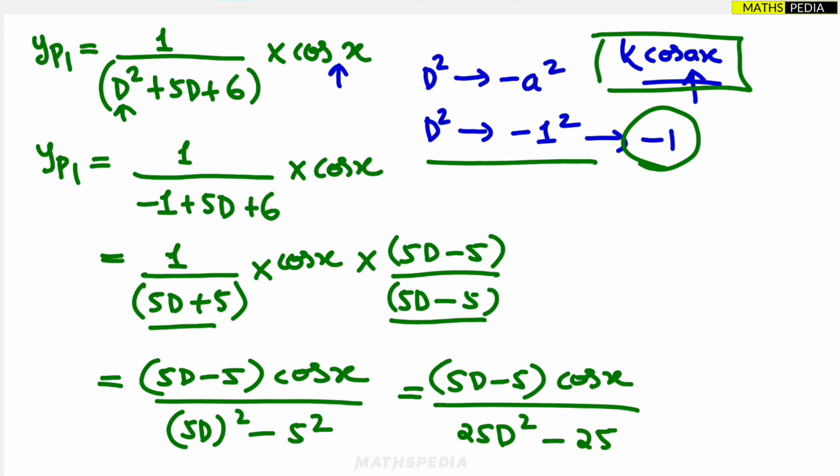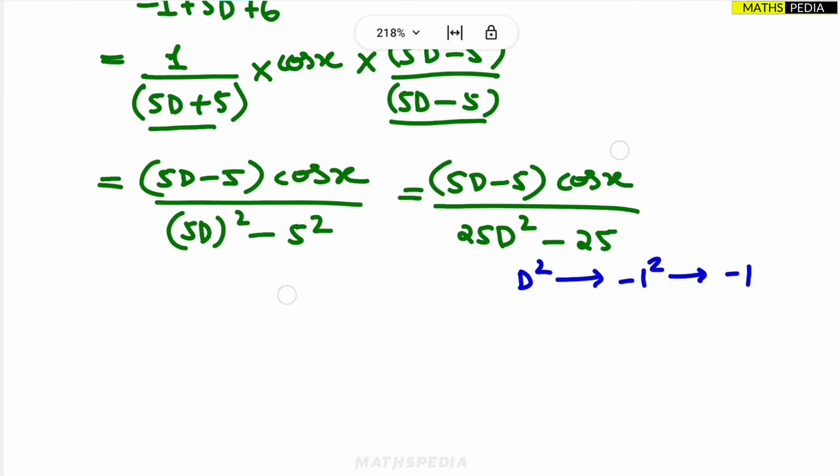Now for the d square value, again what we are going to do? We are going to substitute d square as minus 1, minus a square, which is nothing but minus 1, because a square is not changing. Understand that fact, that the a value is not changing, it remains the same.